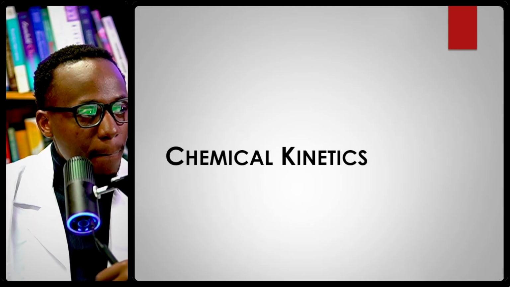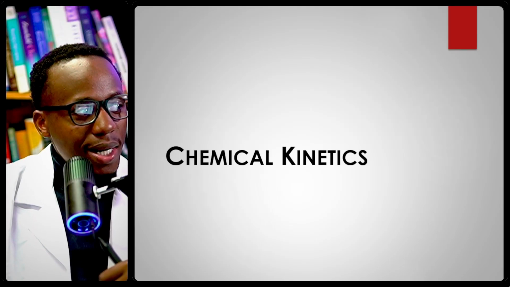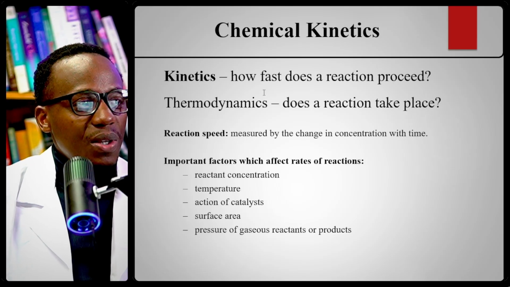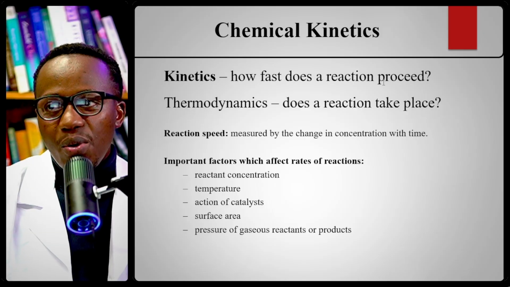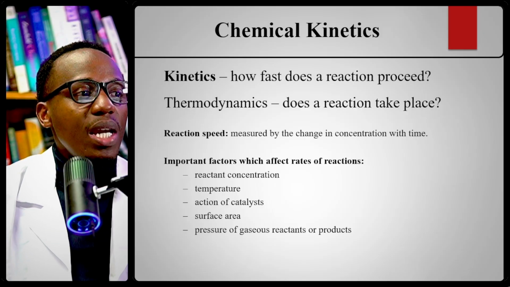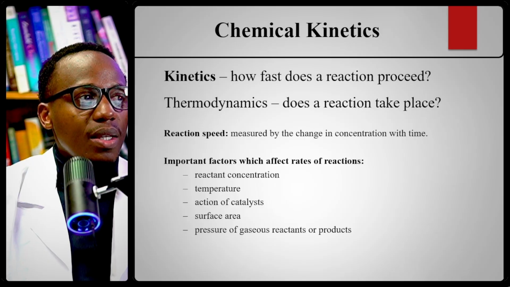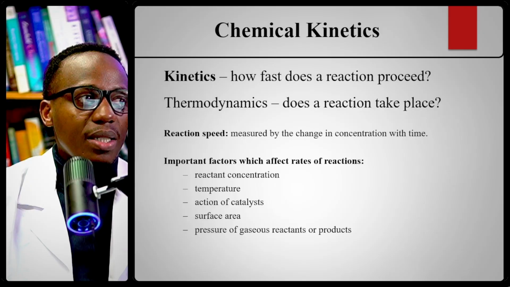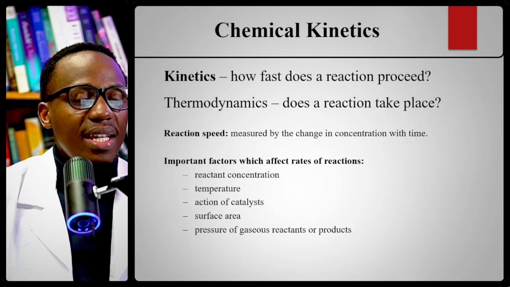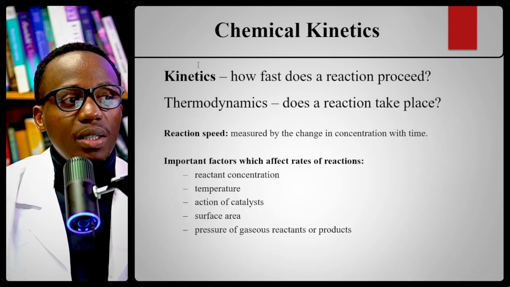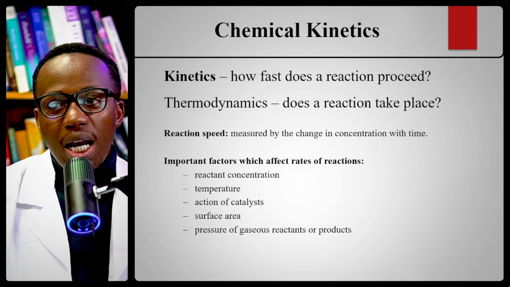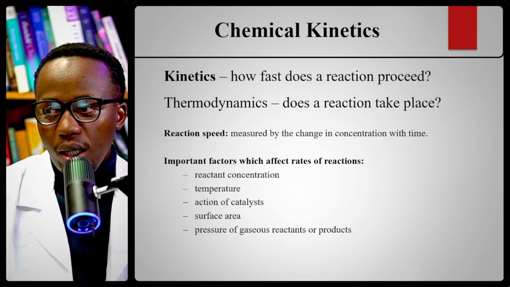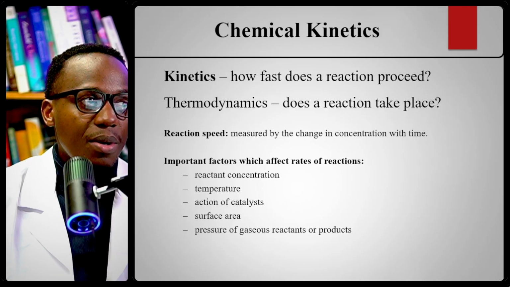So what is chemical kinetics? Chemical kinetics goes with how fast a reaction proceeds. So, speed of reactions. Thermodynamics has to do with energy, and that energy will tell us whether or not a reaction can actually take place. We'll talk more about that because we will calculate energy in this lab.